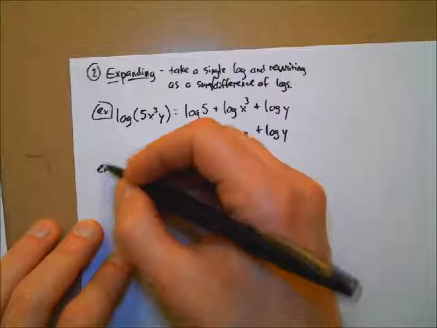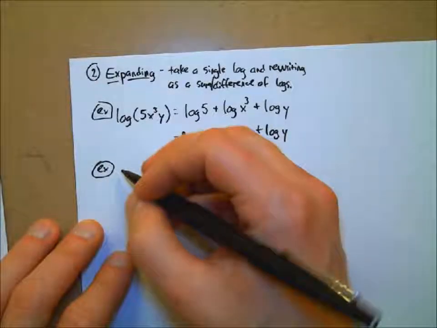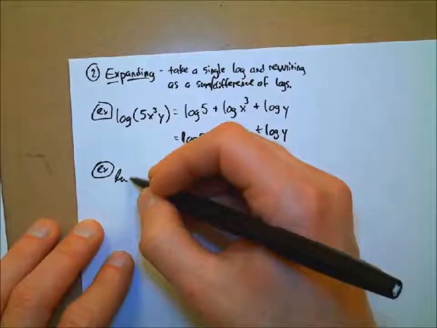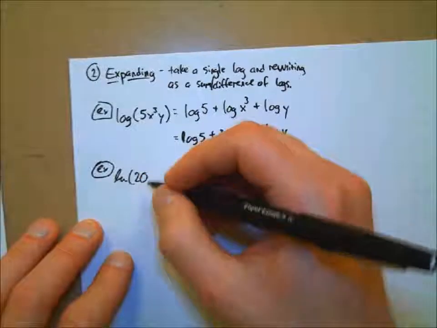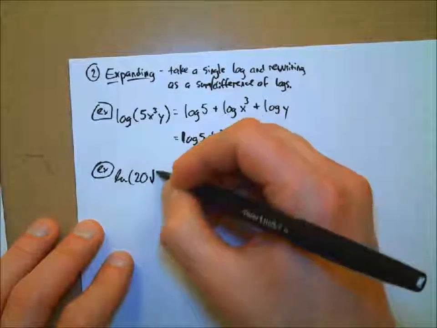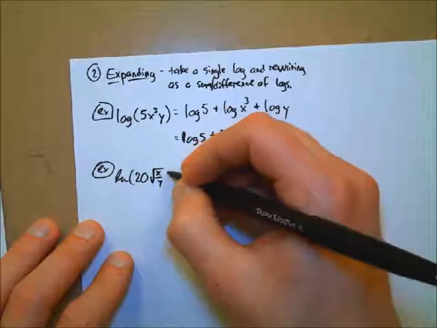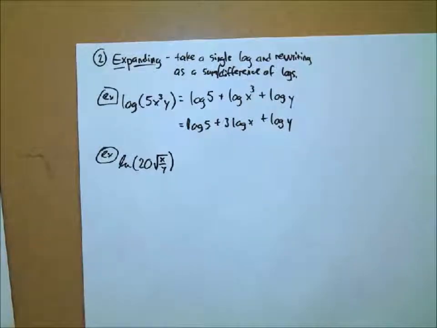All right, let's try one more together here, and then I'll have you guys try one on your own. Natural log of 20 times the square root of x over y. Okay.